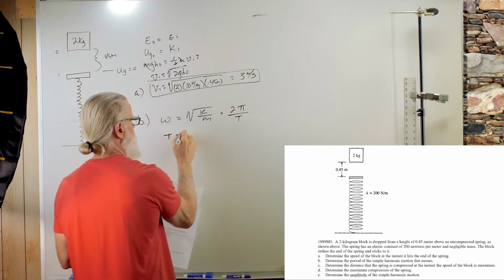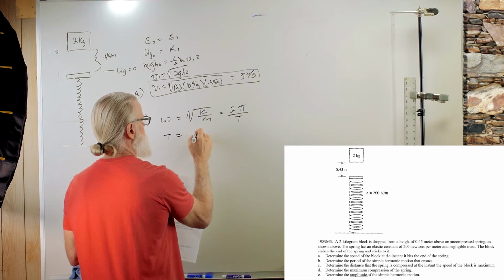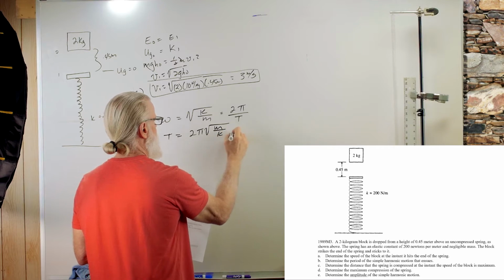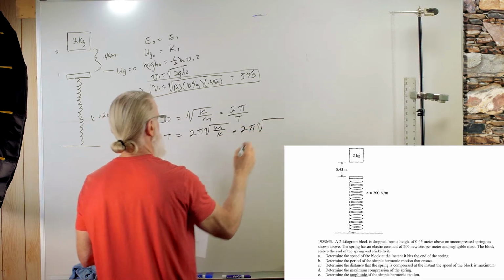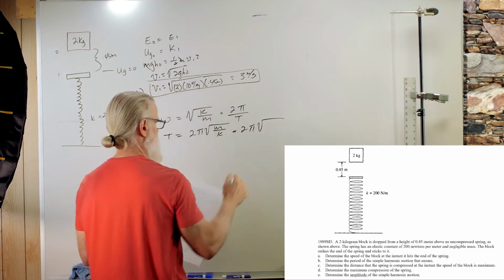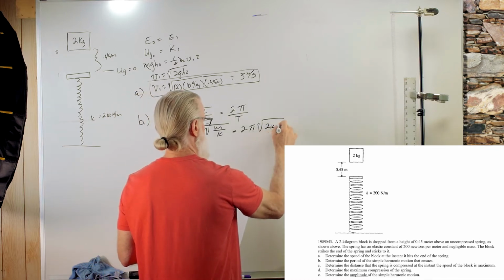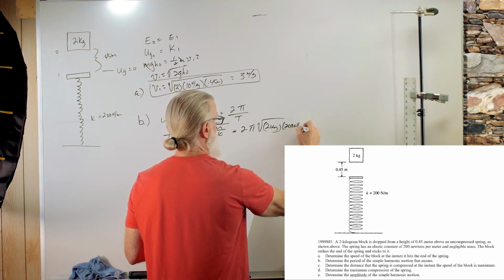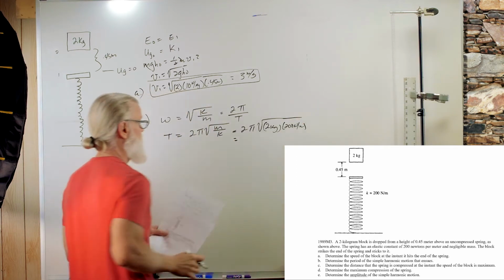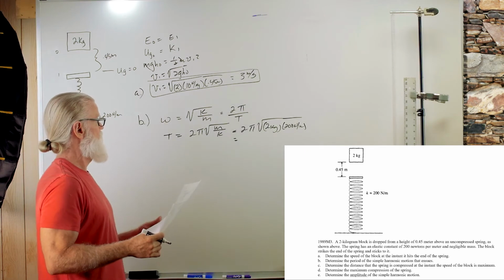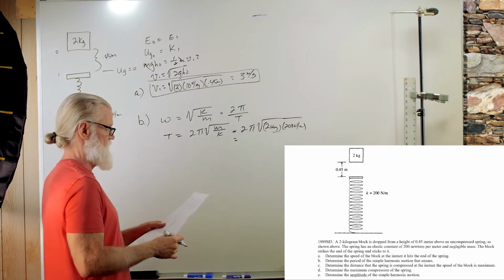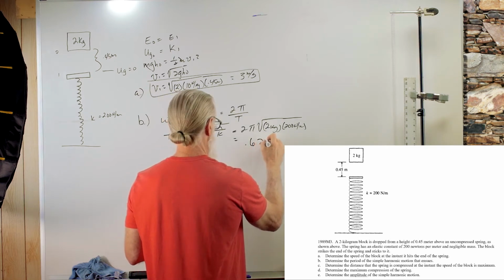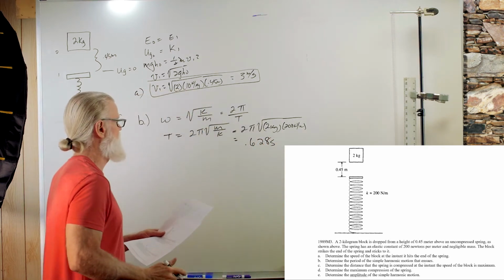So therefore the period equals 2 pi square root of m over k, 2 pi square root of 2 kilograms over 200 newtons per meter. And that gives us 0.628 seconds, something like that.